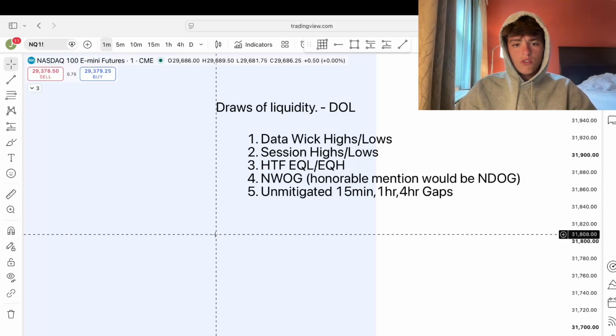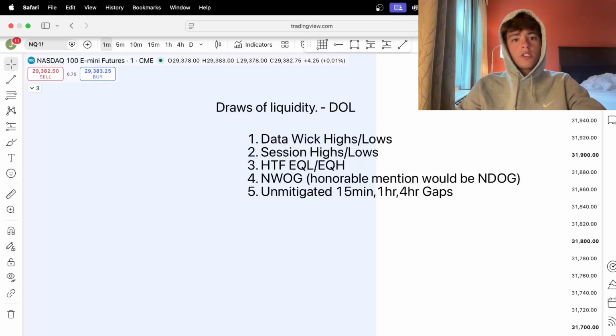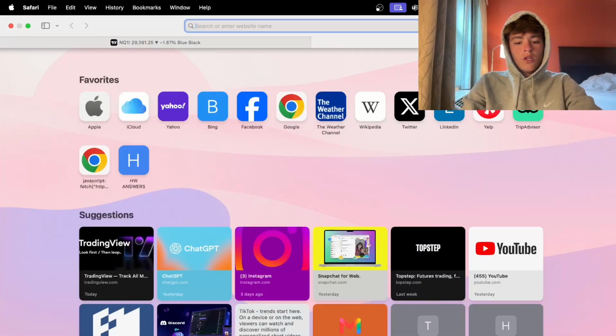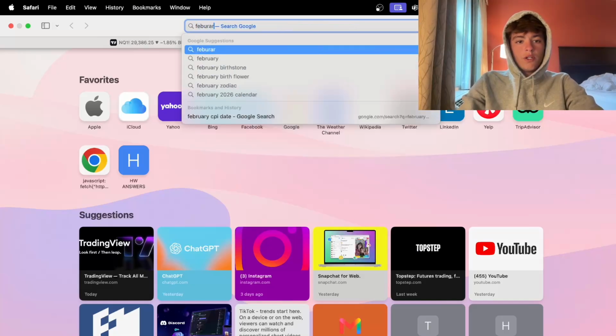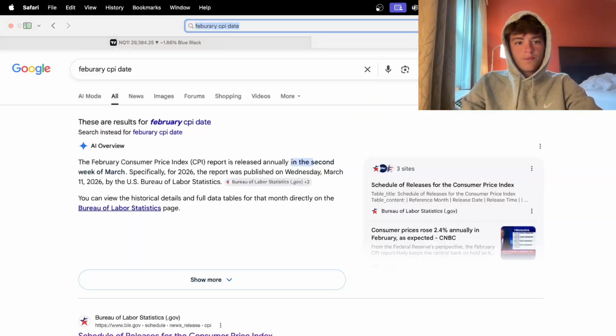Now, let's show examples of data wick highs and data wick lows. Let's go to February CPI, second week of March.